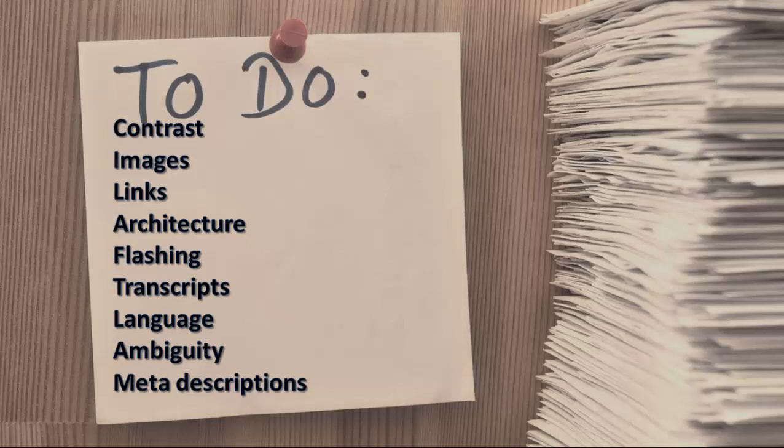Architecture. That's not how your house is built. It's how your pages are built. So H1, H2, H3, H4 tags on your titles need to be logical. They need a logical progression. Flashing. There used to be a method of making things flash as part of your page, and so many people had fits from that. It's not just that, actually.